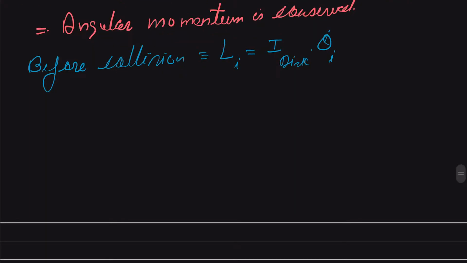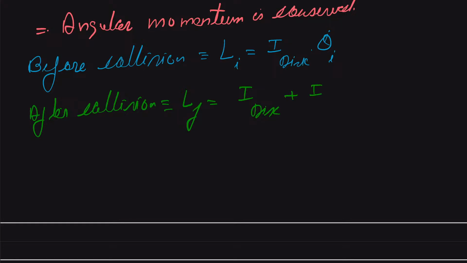And then after collision, L final will be equal to the moment of inertia of the disc plus the sticky ring, and they will be rotating with the same angular velocity.